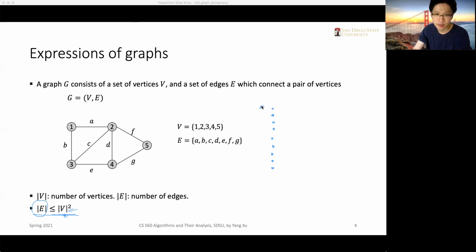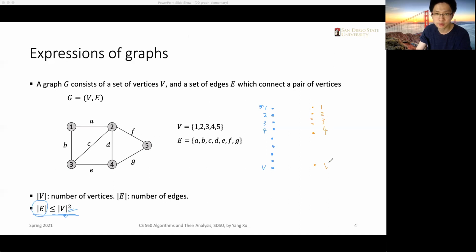Let's say this is 1, 2, 3, 4, until let's say V. And what we can do is copy this column and put it into a second column. It's the same vertices from 1, 2, 3, 4 until V.